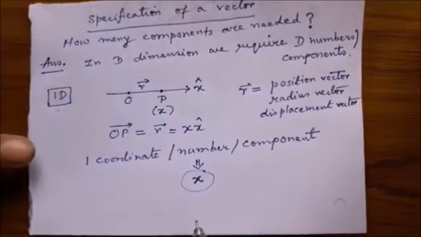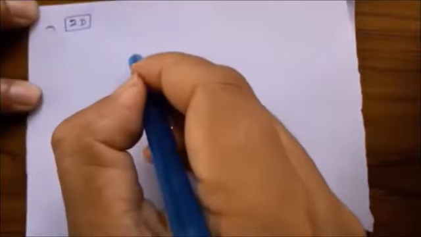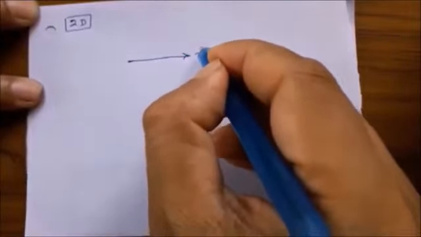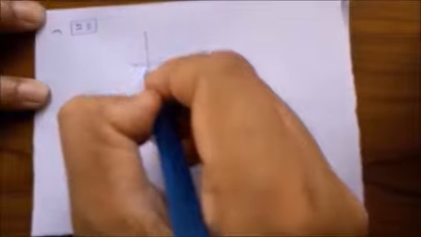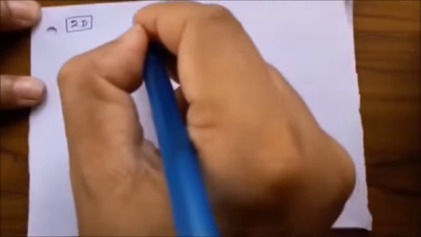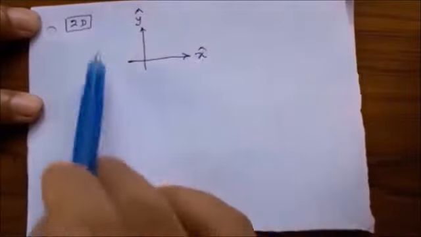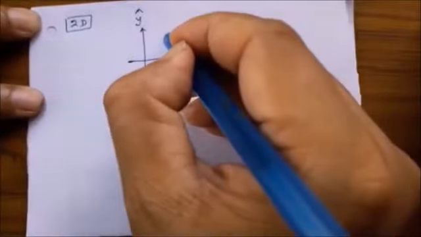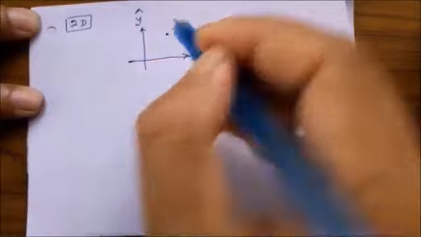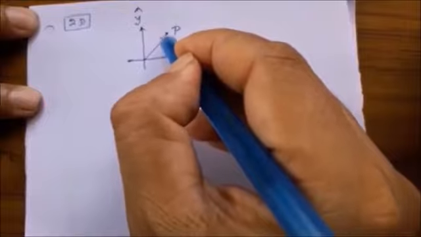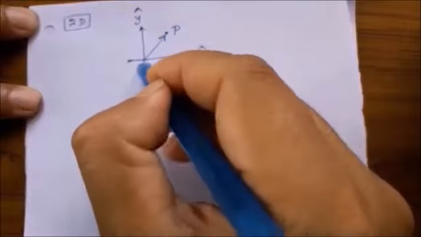Let us think of two dimension now. In 2D we construct two axes. One is x hat, and perpendicular to this axis we think of y cap. So x cap and y cap define a two-dimensional space, and in this space let us consider any point P. Now how will you express this vector OP?